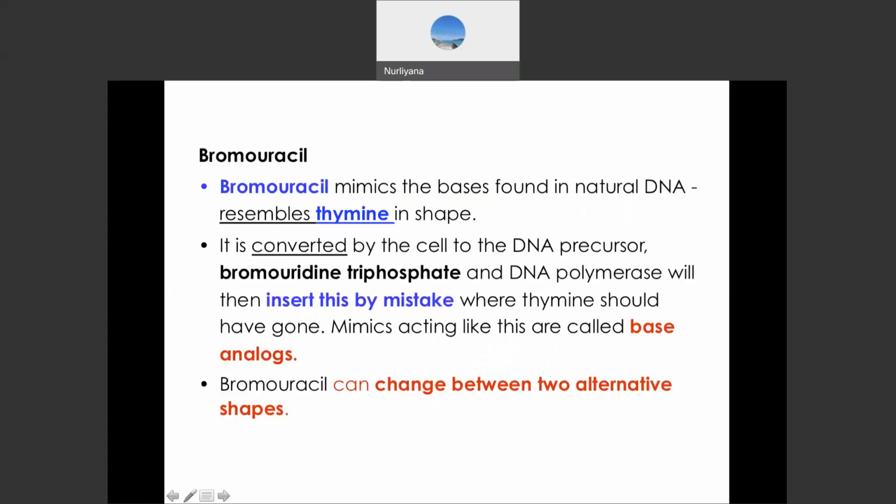We have 4 bases, right? So bromouracil has a tendency to resemble thymine. So most probably you would have an arrangement of your DNA forming hydrogen bonding using a different type of base, which is thymine.